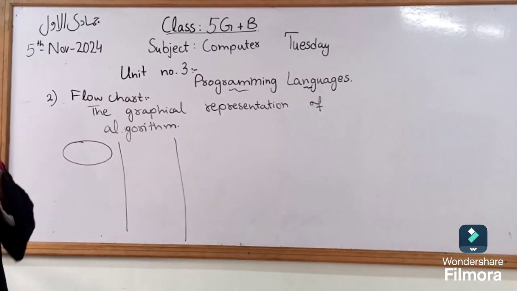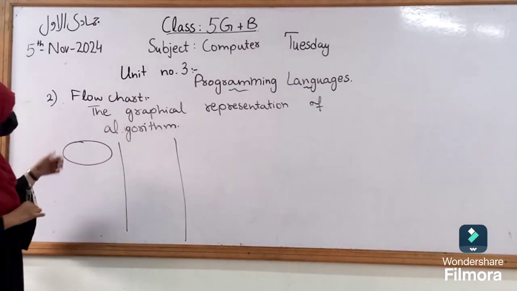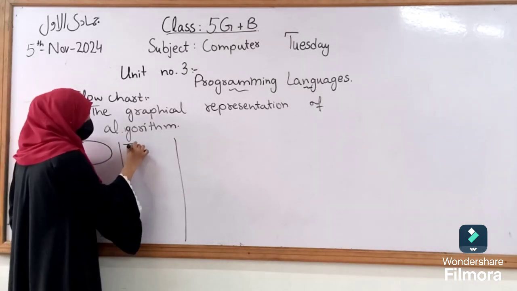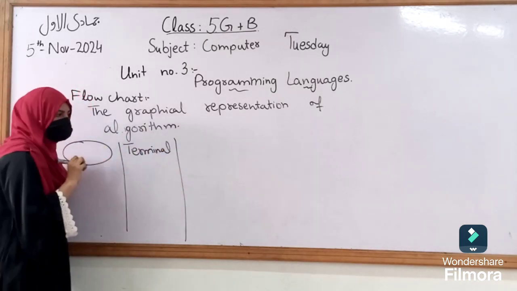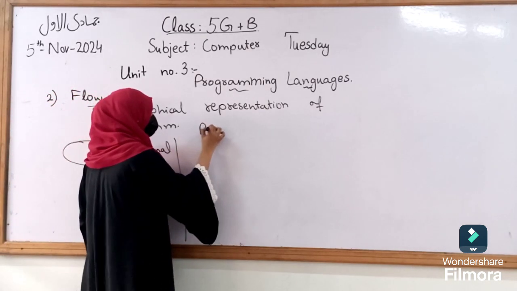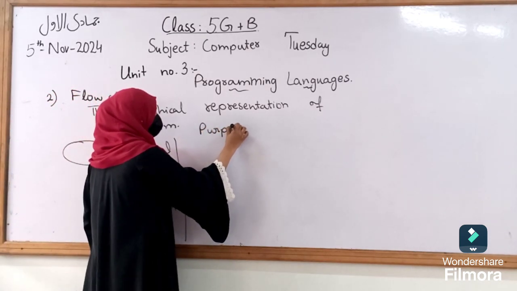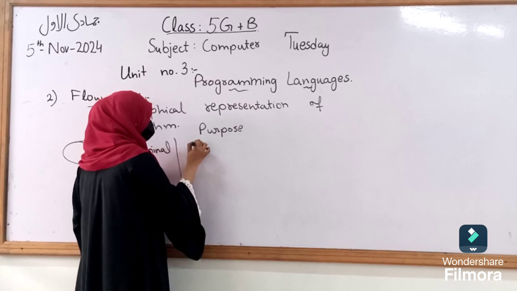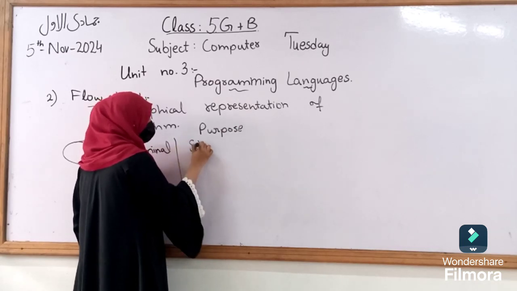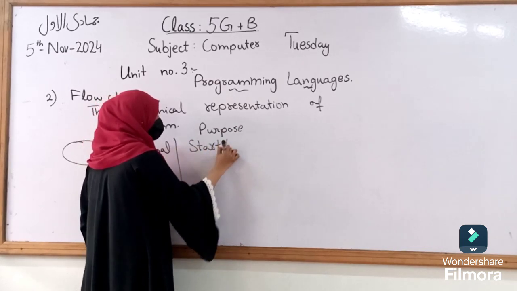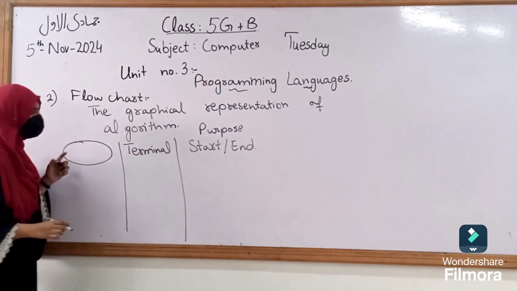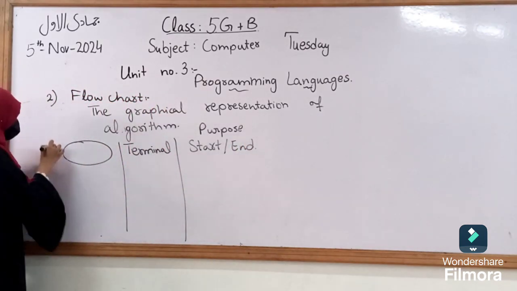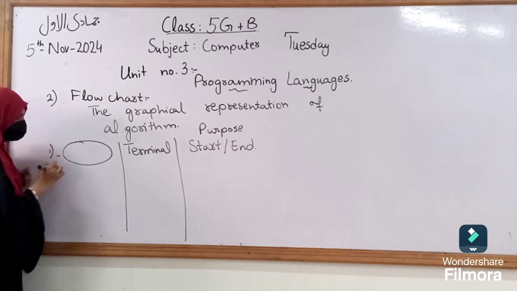Ahmed, stand up, tell us what is the name of this shape. Okay, that's good. We call this shape terminal. And what is the purpose? Very good. The purpose is when we start or end a flowchart. This shape is used to start or end a flowchart. Very good. Sit down, Ahmed.